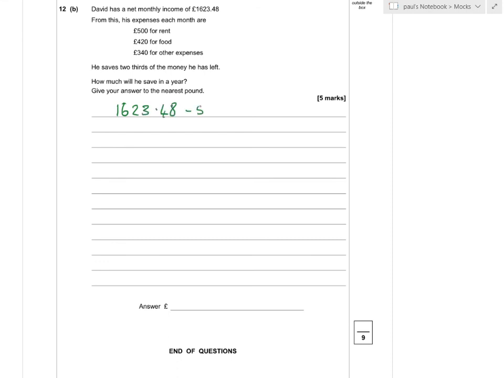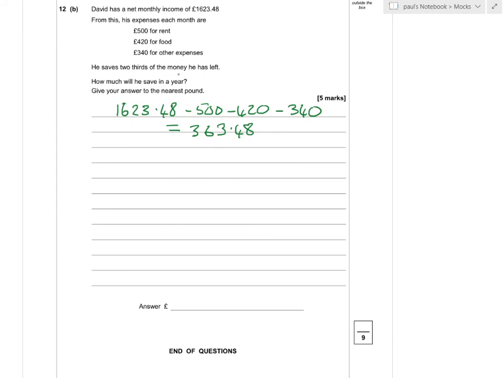We're going to take away the 500, going to take away the 420, and we're going to take away the 340, and that will tell us how much he's got left after all his expenses. So 1623.48, take away 500, take away 420, take away 340, so he's got left 363.48. That's lovely for a third, isn't it?